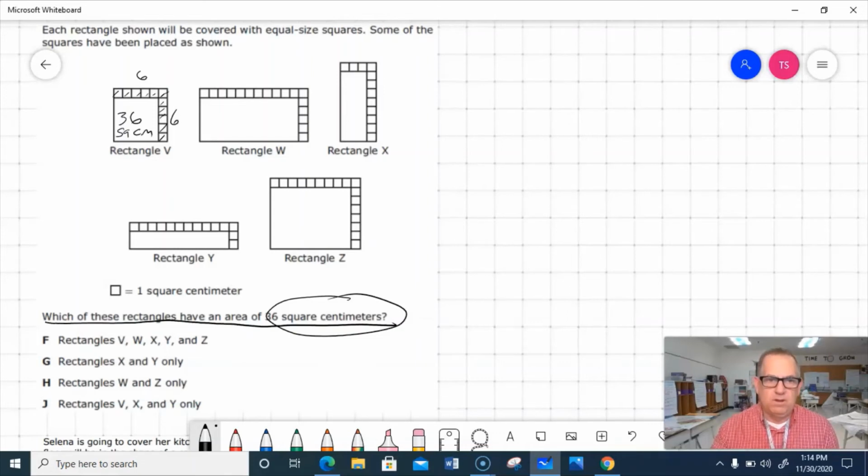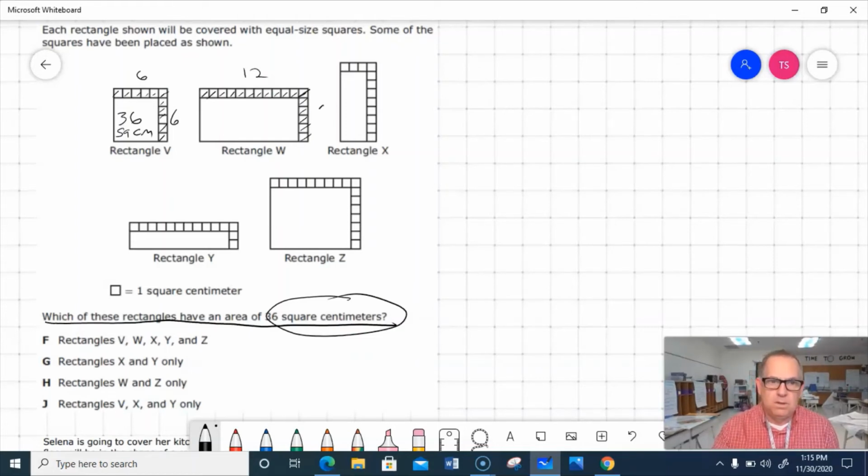What is the area of rectangle W? Okay, let's check. So I've got 1, 2, 3, 4, 5, 6, 7, 8, 9, 10, 11, and 12, by 1, 2, 3, 4, 5, 6.